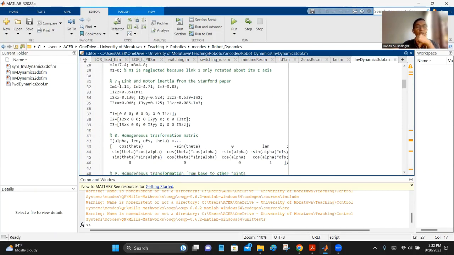Number 7, link and motor inertia from the standard Stanford paper. This is the motor inertia, motor 1, motor 2, motor 3. I will come back to this motor thing. Right now, I'm only focusing on the link length and all. This is the IX2 XYZ, the inertia at the center of link 2 and link 3. And this is link 1.